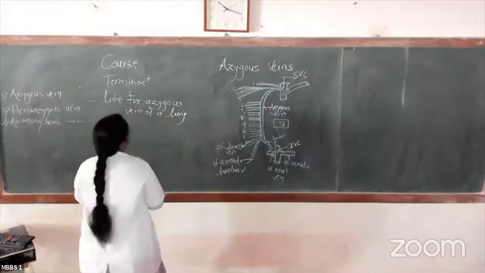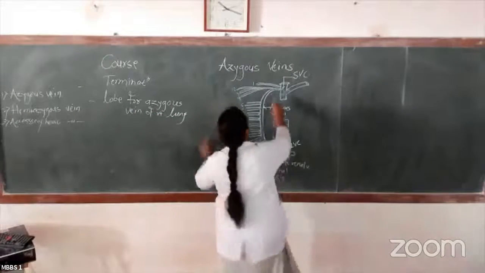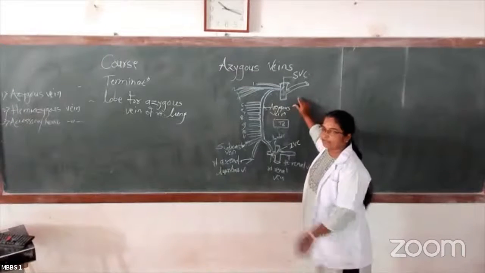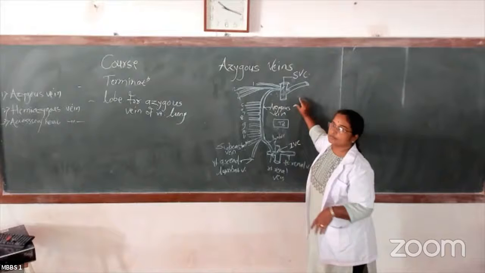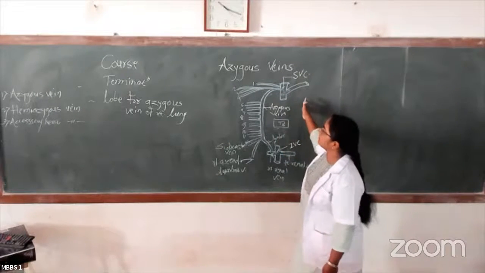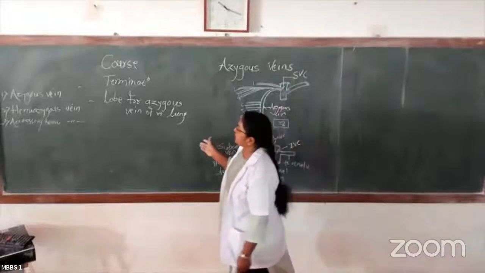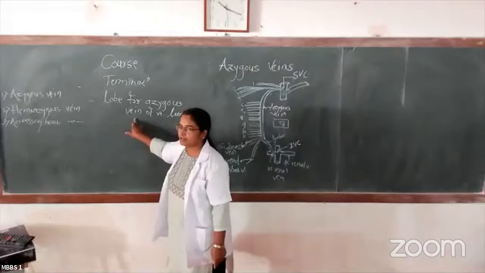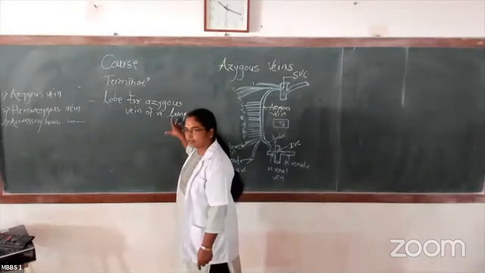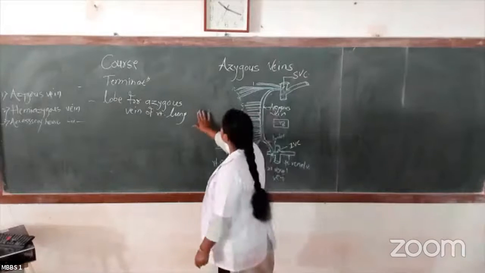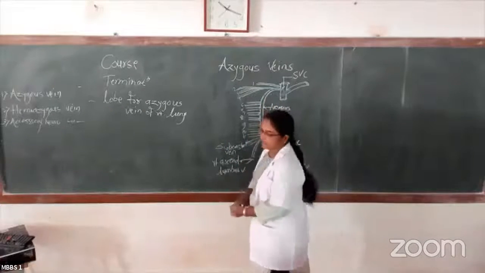So the second way of termination is where this arch splits the apex of the right lung, where it lodges in a fissure suspended by the mesentery. This is the second way of termination.